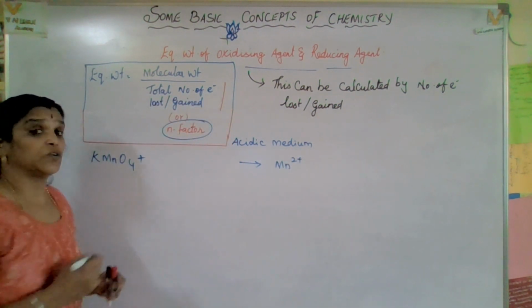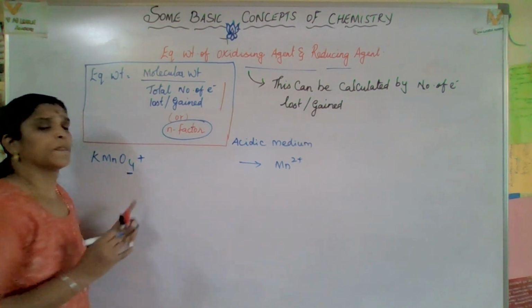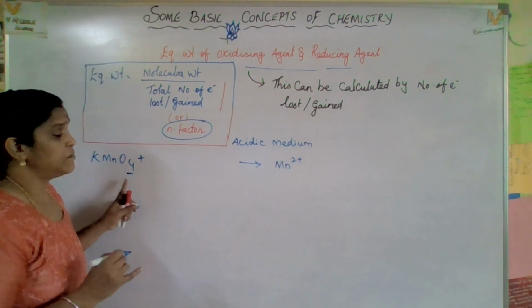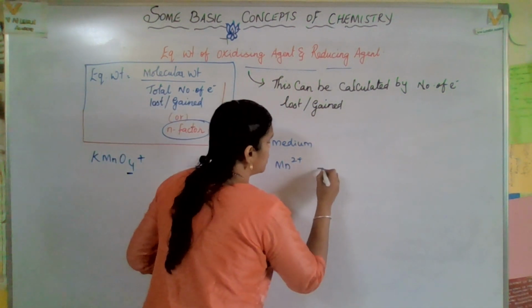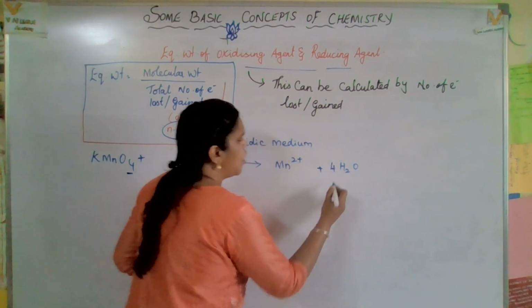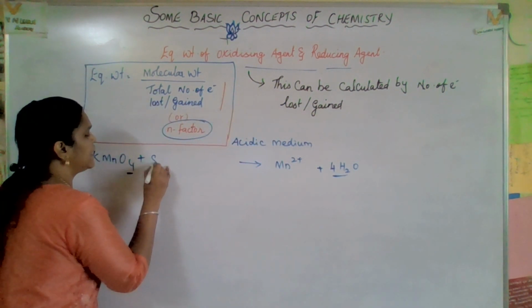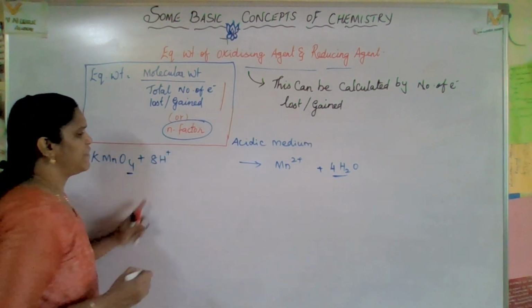We have already gone through that redox reaction. Here, as many oxygen atoms as there are, that many water molecules you have to add, so that means 4H2O. How many hydrogen atoms are available, that many H+ ions will be available.